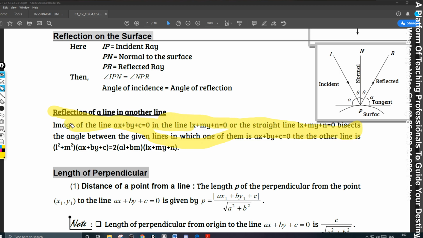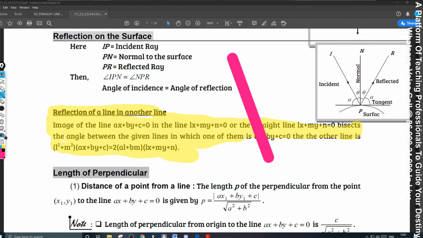Just go through the statement once, and remind me of that. What is that? A line is there. Image of a line. This is one line, and this is another line.